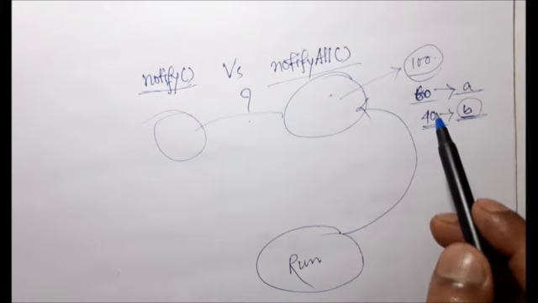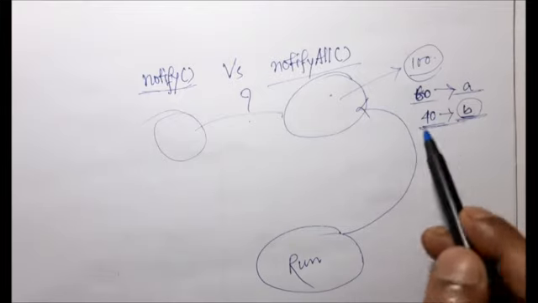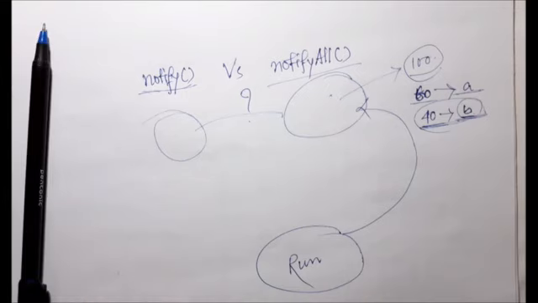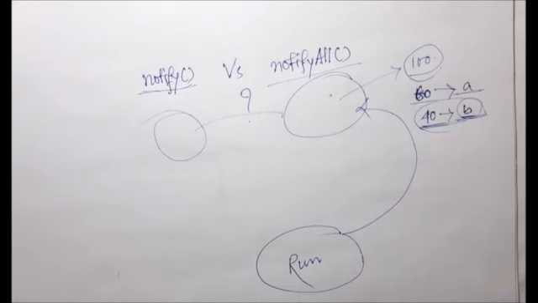If B.notifyAll is called, B will release all 40 threads waiting on it, not all the threads. That is the basic difference between notify and notifyAll. Let us see an example so that you can understand it well.